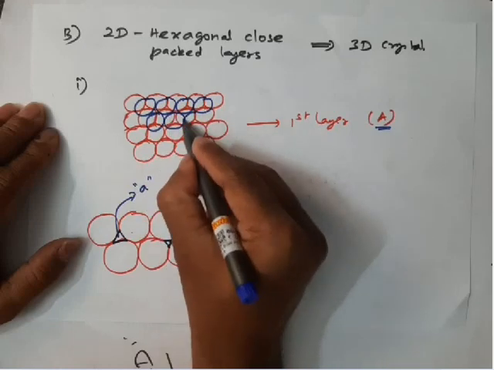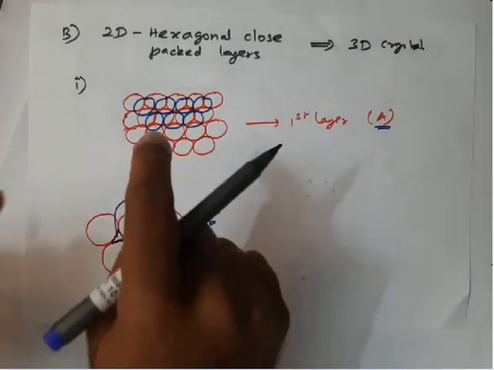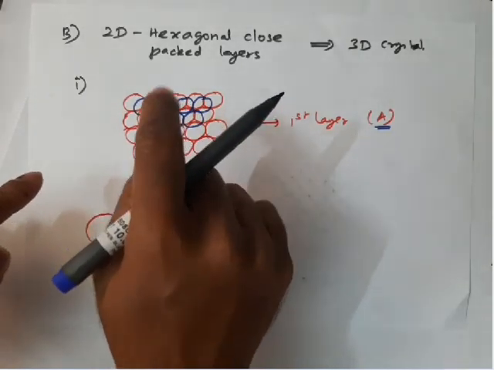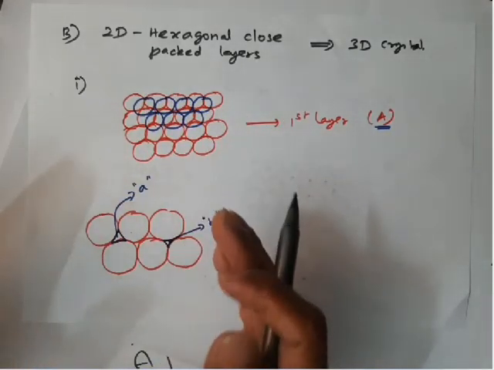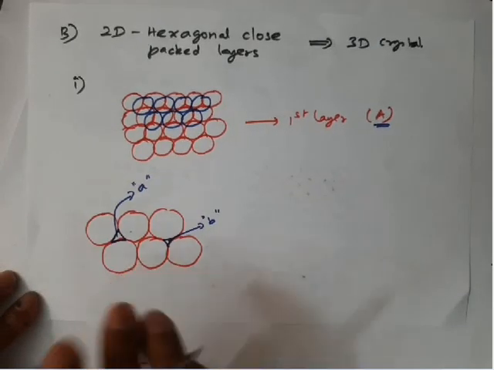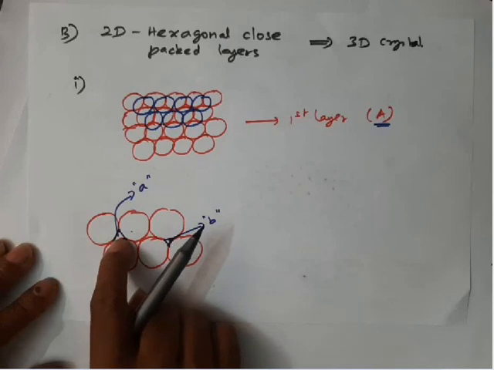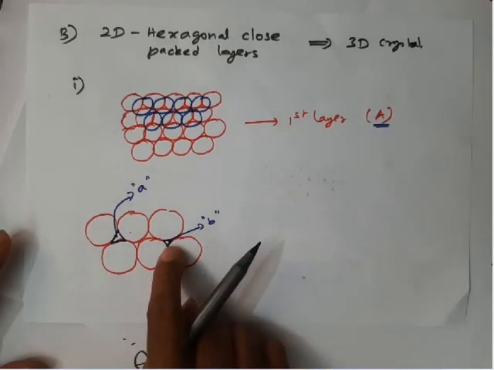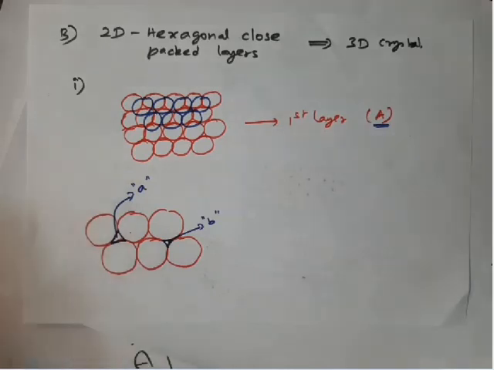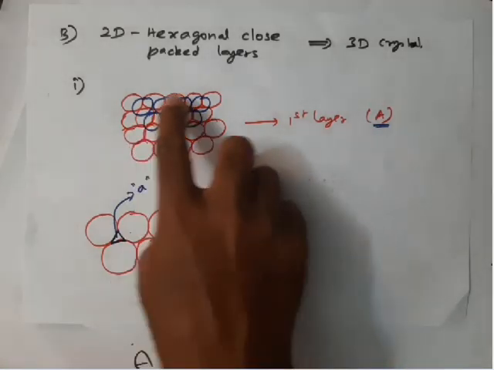It is very difficult to imagine, but you can use this and imagine what I'm trying to say. You have to place the second layer atoms only on the A depressions. Don't put them on B. Wherever small A depressions are there in the first layer, place the second layer atoms on the small A depressions alone. If you do that, you will get an arrangement like this.